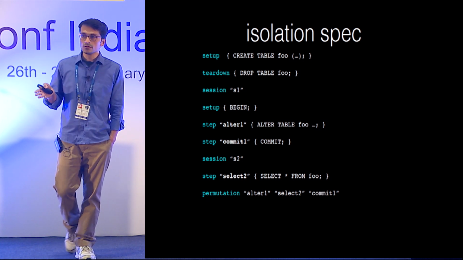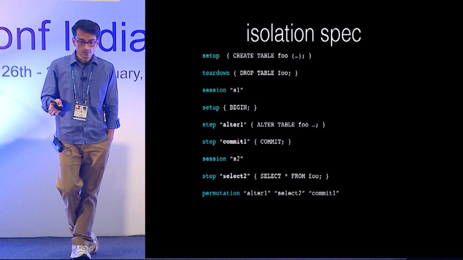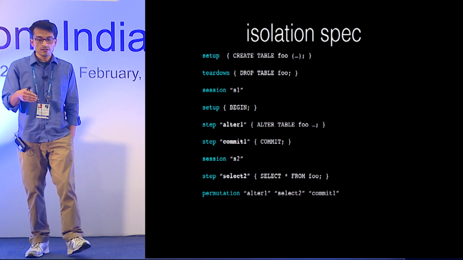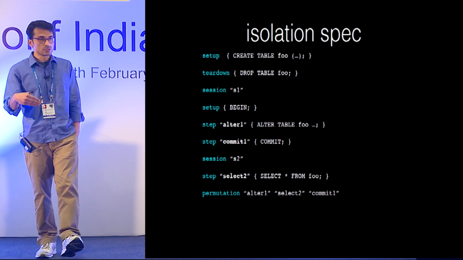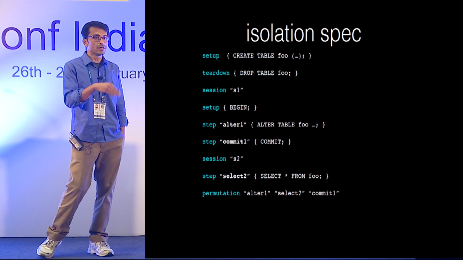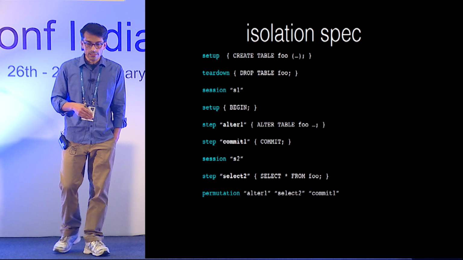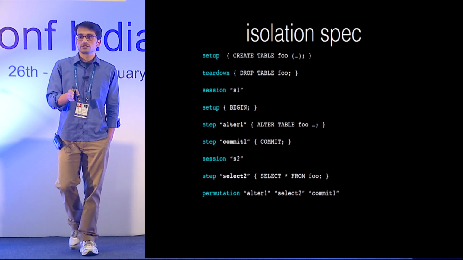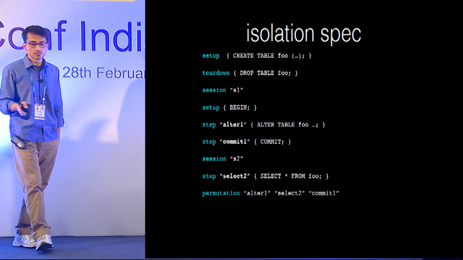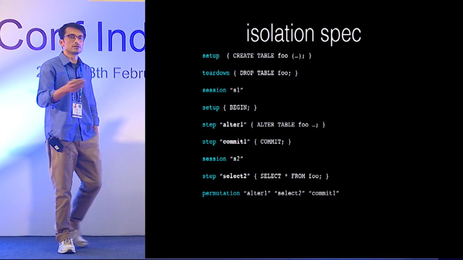In the second session, it will run select 2. And as you can see, alter acquires an access exclusive lock on a table, so the select 2 would have to wait until the alter finishes, right? And then in the first session again it will commit, and once the first session commits, the second session, which is select 2, will go ahead and get the results.